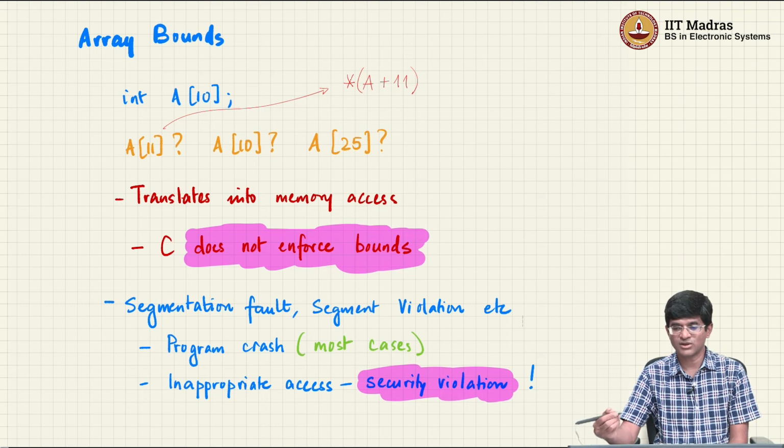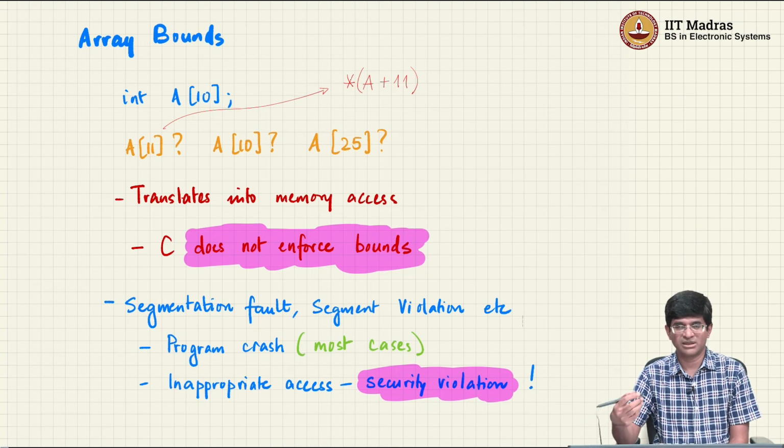And this could be of whatever data type you have. In the case of int, it would basically add 11 times 4, so 44 bytes to the address location starting with a, and then try to access the next 4 bytes and give you the result that's present over there.